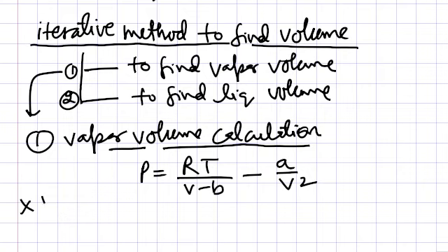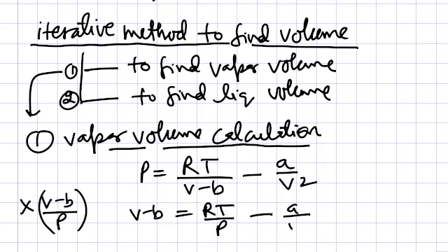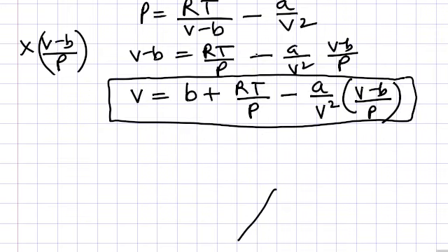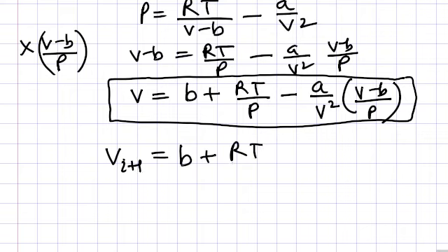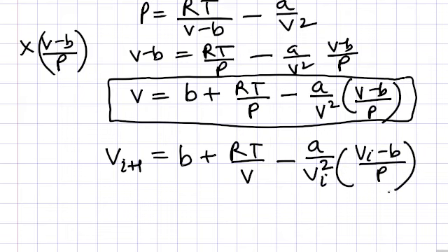If I multiply both sides with this factor, then you will get V minus B and RT by P, and A V minus V over P. For the iterative method, what you have to do is write the left hand side this way, i plus 1, that is the new value, and on the right hand side you write this way, minus, this is your older value of volume. This is the right iteration scheme.